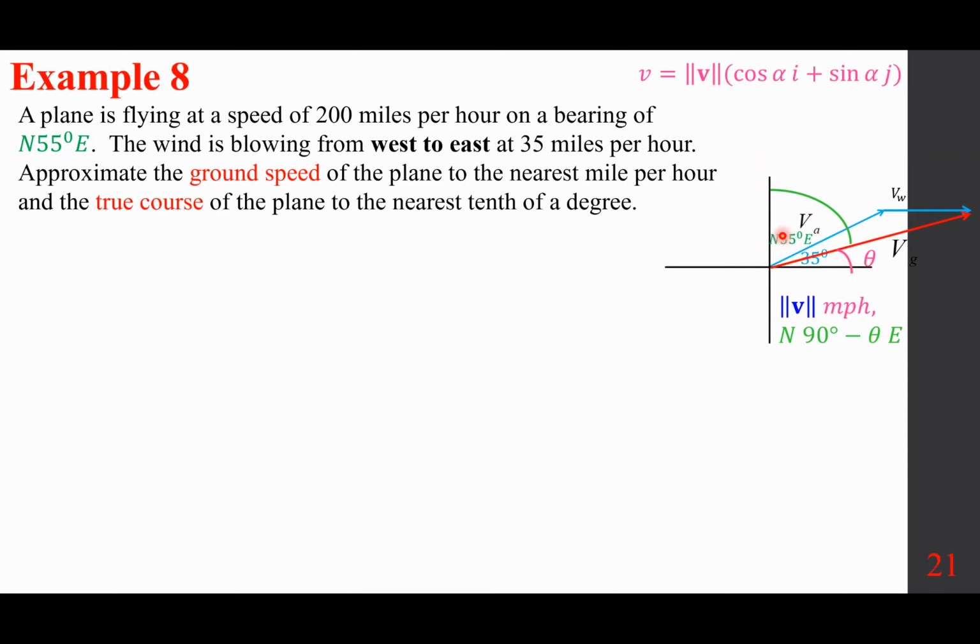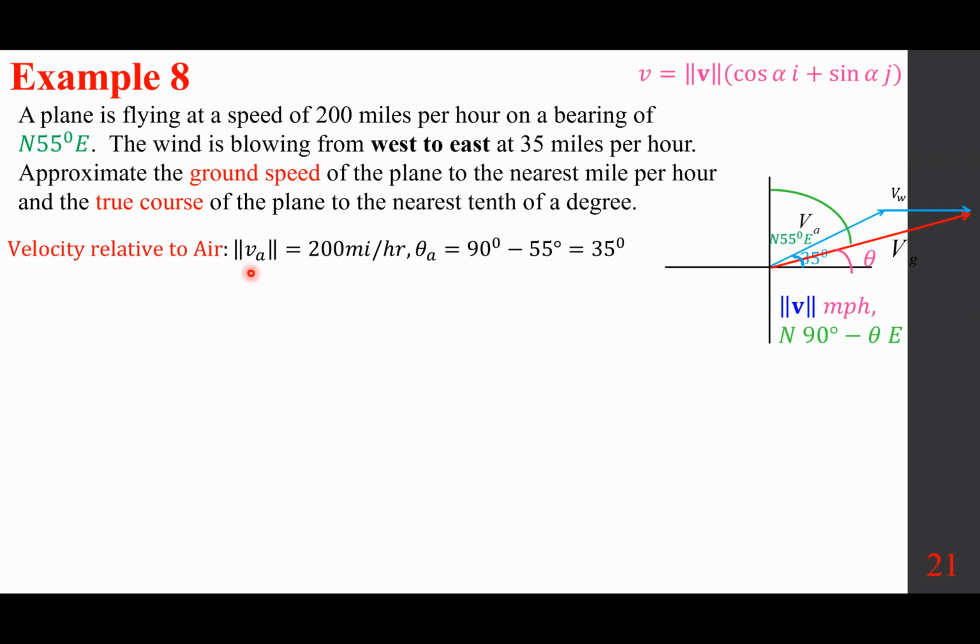And by the way, if this is 55 degrees, this one is 35. I want to make sure that we understand this one, because 90 minus 55 gives us 35 degrees. So let's write what we have.